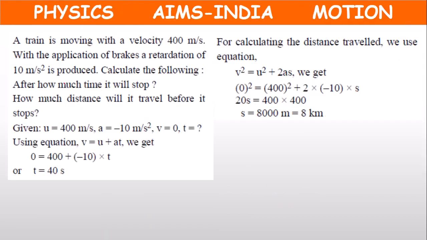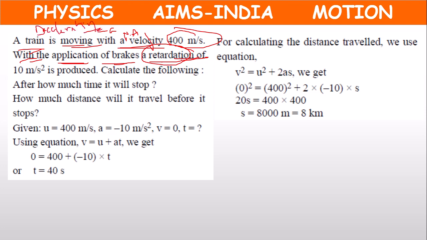Next one, another example. A train is moving with a velocity 400 meter per second. With the application of brakes, a retardation. Here retardation means negative acceleration, or minus A, it is also called deceleration, meaning decreasing of velocity.